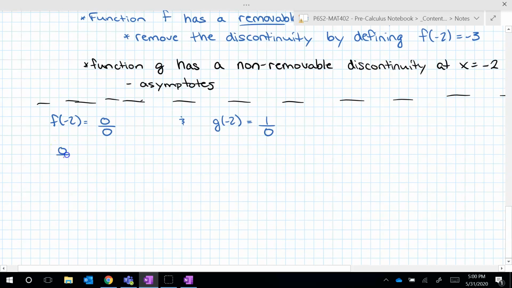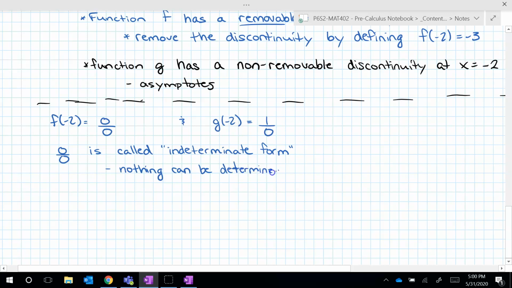This 0 divided by 0 is called indeterminate form, which means that nothing can really be determined about the nature of the discontinuity. We don't know if it's an asymptote or a hole.